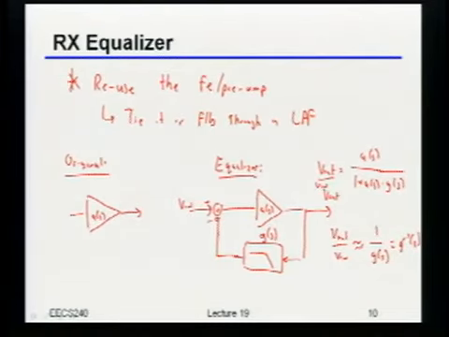Intuitively, what's happening here, which should make a lot of sense, is that if I have a low-pass filter in the feedback, then at low frequencies my signal makes it through the low-pass filter, and I basically have a large feedback gain. It's almost as if I put this thing in unity gain feedback. Once I get to higher frequencies, the filter attenuates the feedback, and so more of my actual signal makes it through.